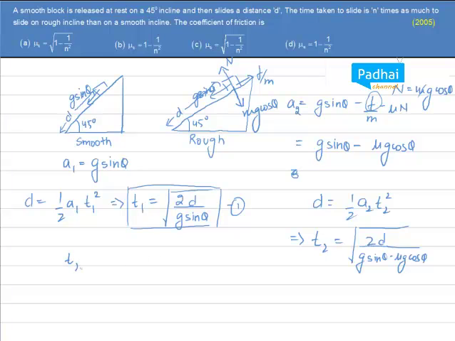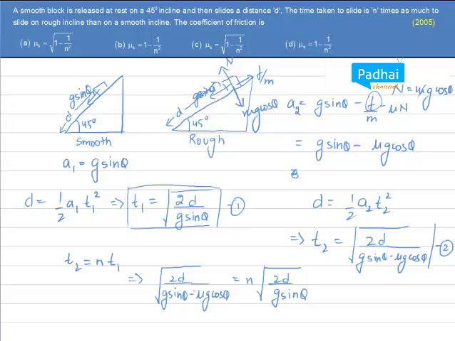Now it is given that T2 equals n times the time taken to slide on the smooth surface, right? We will put 1 and 2. This is basically, mark this as equation 2. 1 and 2 in this equation. So we will get under root of 2d over g sine theta minus mu g cos theta, which will be equal to n times under root of 2d over g sine theta.